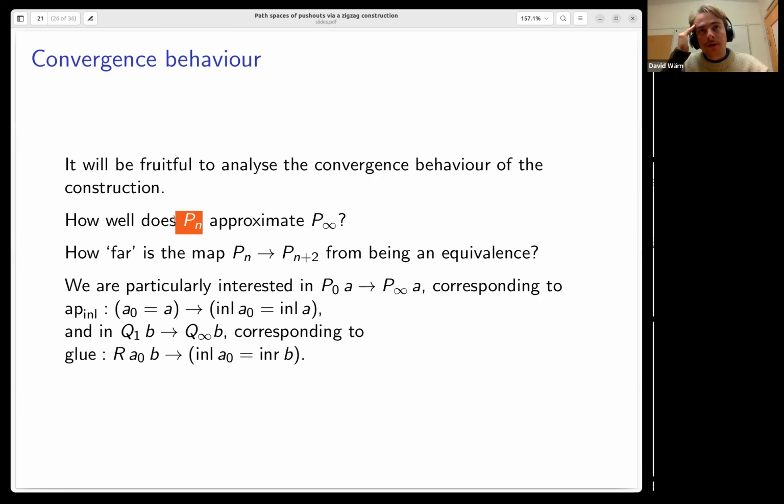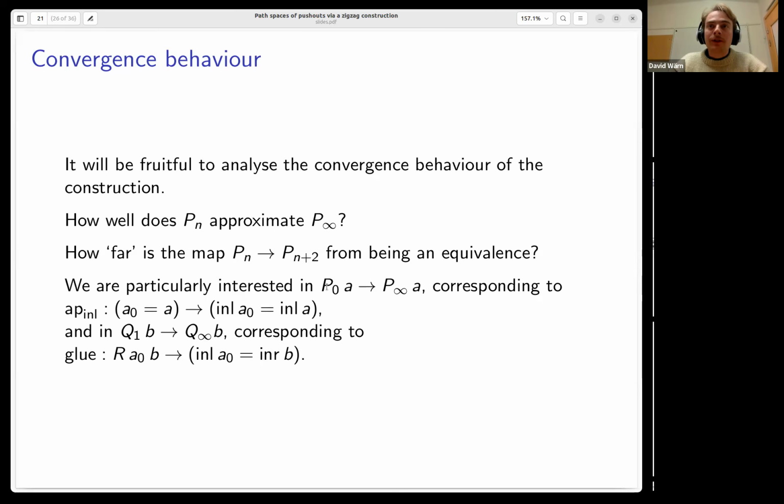And the question is, how well do the terms in the sequence approximate the colimit? Another way of putting this is, how close are the terms to each other? How much changes when we go from one term to the next? Or put differently, how far is the map Pn to Pn+2 from being an equivalence? If this were an equivalence for all n, then nothing would happen in the construction. It would just converge or terminate directly.